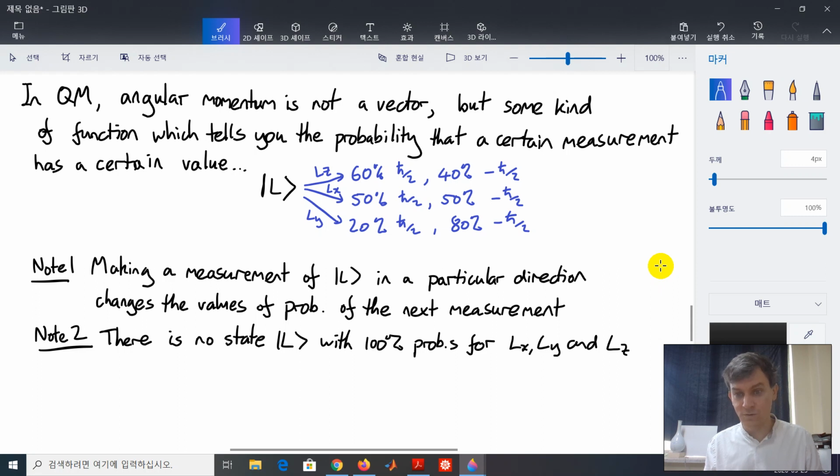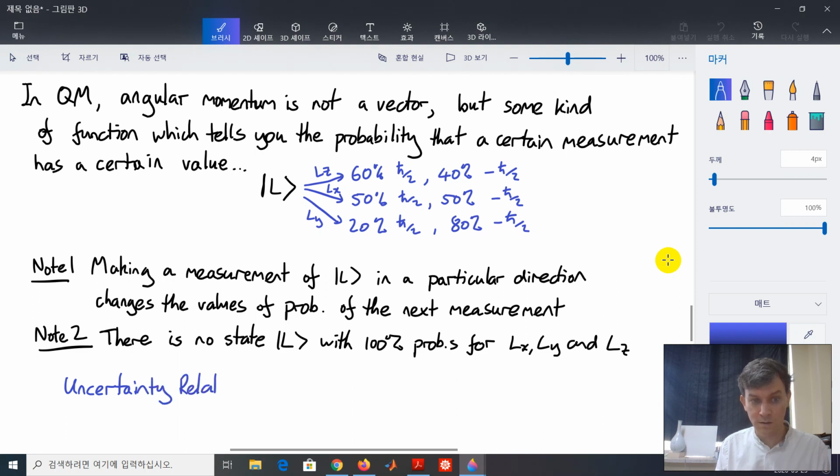If one of these can have 100% probability, then the others cannot. And in fact, in that case, the others must have 50-50% probabilities. Okay, and this is expressed mathematically through something known as an uncertainty relation. So let me write down the formula for it first, and then I will explain what this formula means.